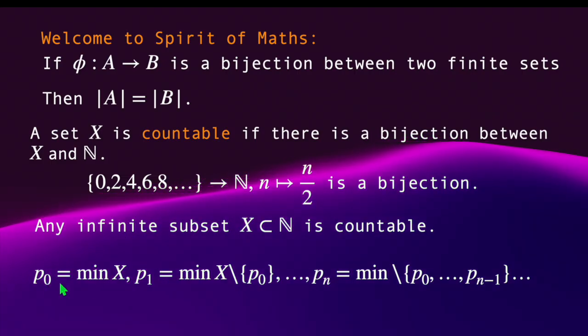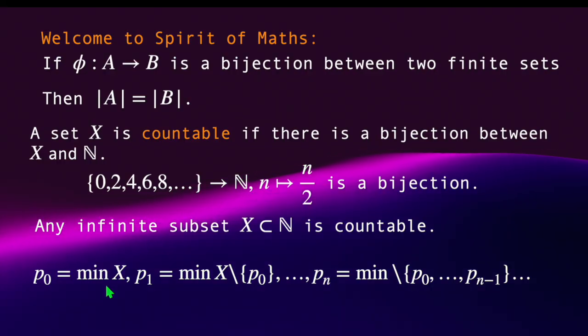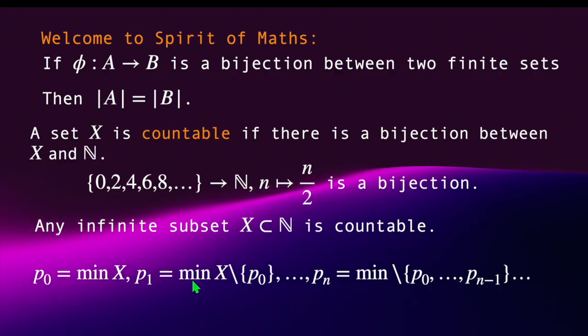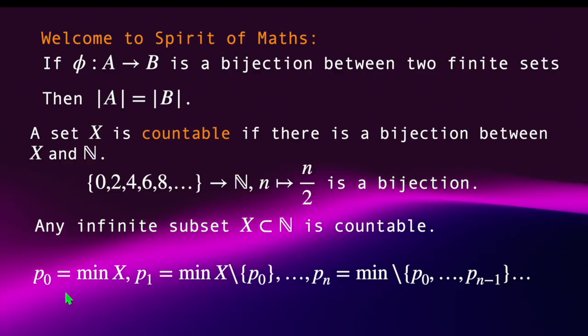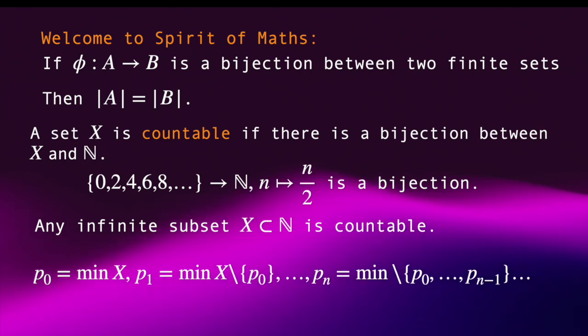considering this sequence. We consider P0, the minimum of X, and P1, the minimum of X minus {P0}, and so on. What we do is order the elements of X increasingly.